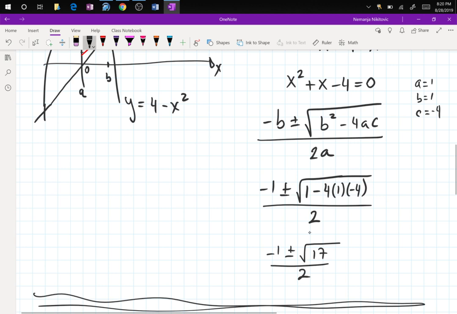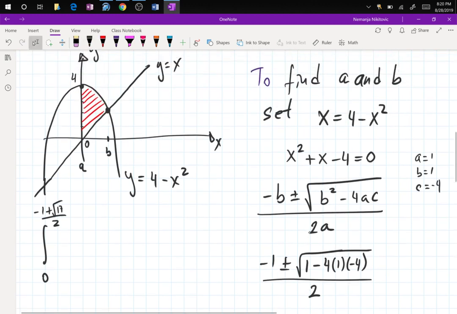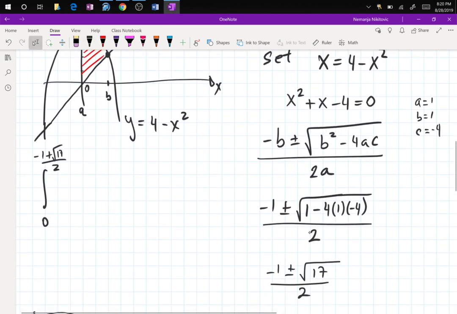So our integral here is 0 to negative 1 plus root 17 over 2. Can't be more annoying. Top minus bottom. Top function is the 4 minus x squared, minus the bottom function, which is x, dx.